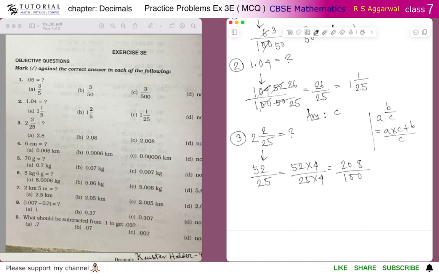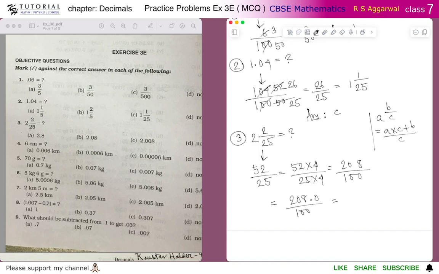It's easy to convert a decimal fraction to a decimal number. What do we do? Basically now 208 can be written as 208.0 by 100. So now we are dividing a decimal number, 208.0, by 100, and we have studied in class number 5 how we divide a decimal number by 10, 100, 1000, and so on.